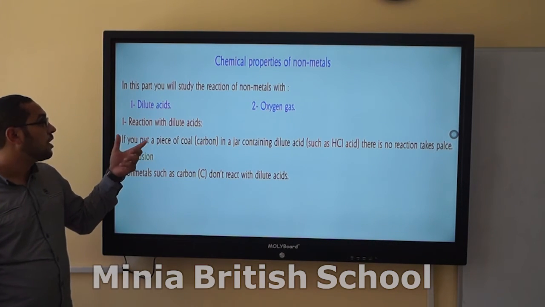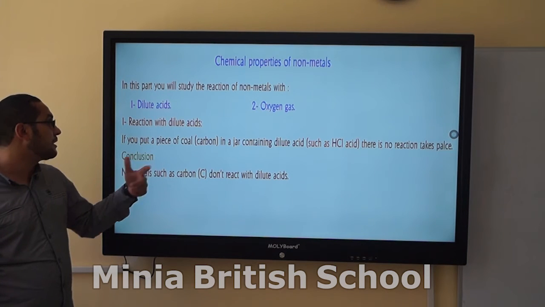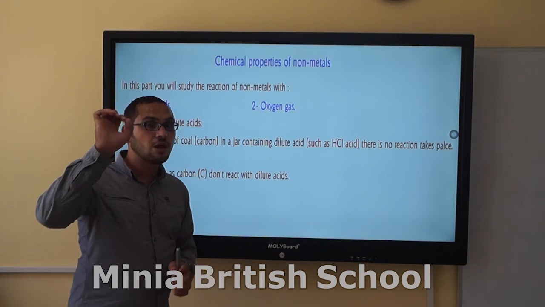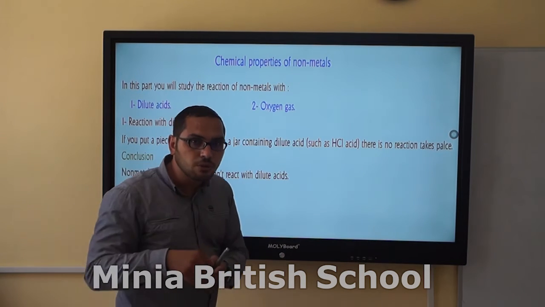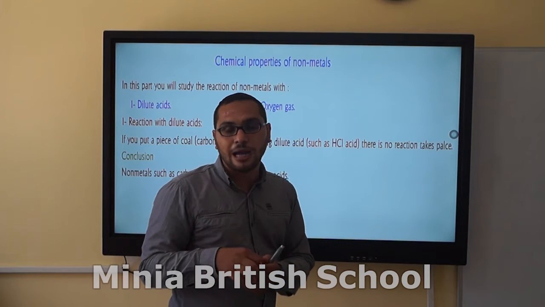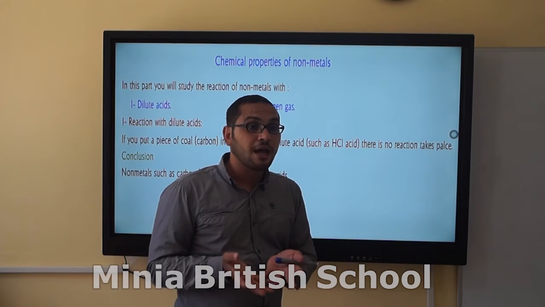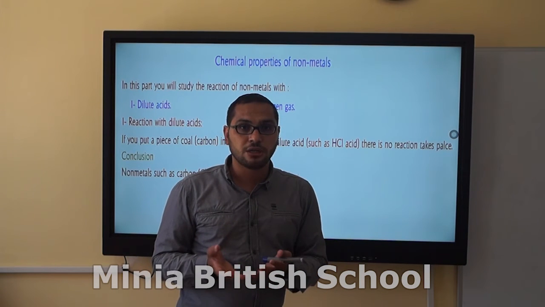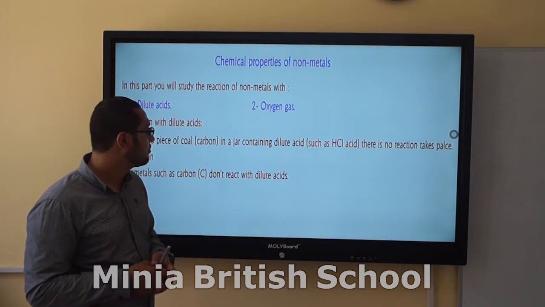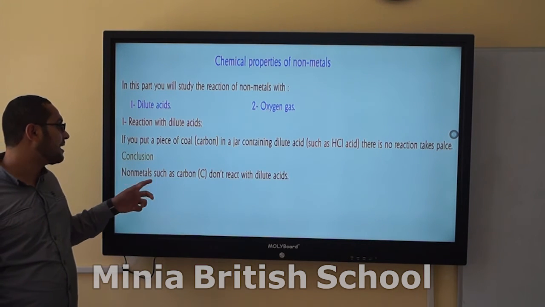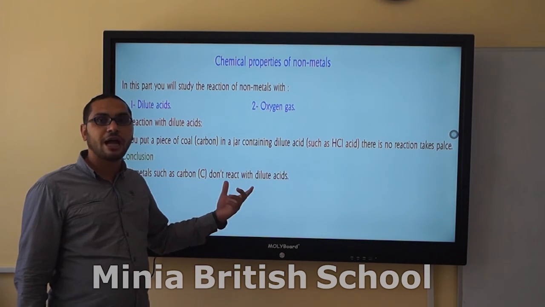If you put a piece of coal in a test tube containing hydrochloric acid, you will notice that no reaction takes place. So we conclude that nonmetals such as carbon don't react with dilute acids.